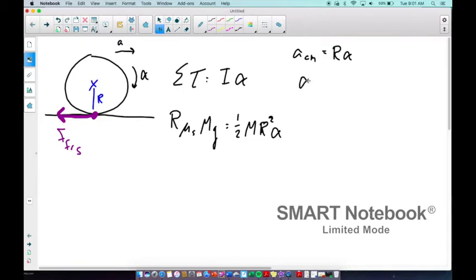Of course, you guys know that we can rearrange this to say that angular acceleration equals a over r, and I could plug that in right here. And so ultimately I get this equation. And I'm just showing you an example of what we can do now to start manipulating this thing algebraically.